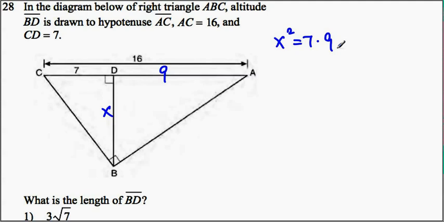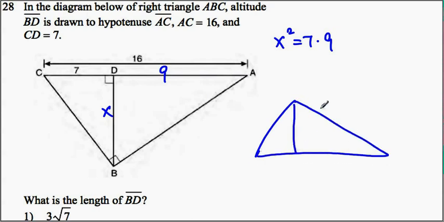I call this one the toothpaste method, I mean the smiley face method, because if I were to have the triangle upside down, then what we end up getting here is the top two, the two heights multiplied by each other has to be the same as the left side and the right side put together.